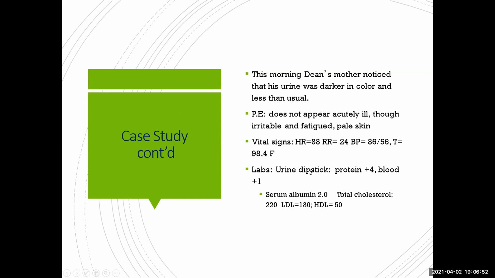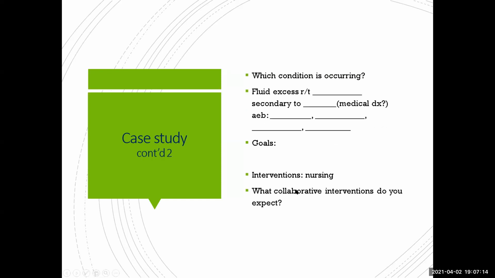Those are what tell you about his darker urine, right? The vital signs aren't telling us anything. But us looking at him, his urine, the history of his urine, and now his lab results help bring it together. So which condition is occurring?